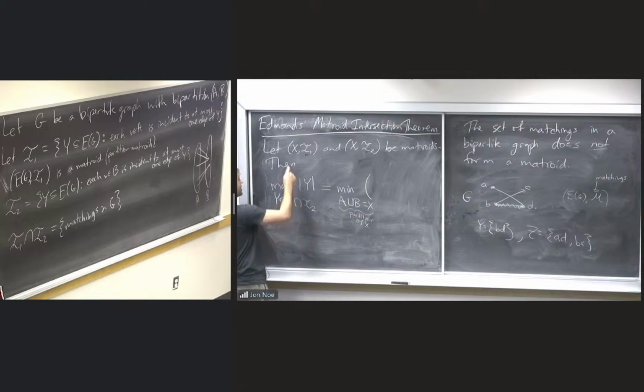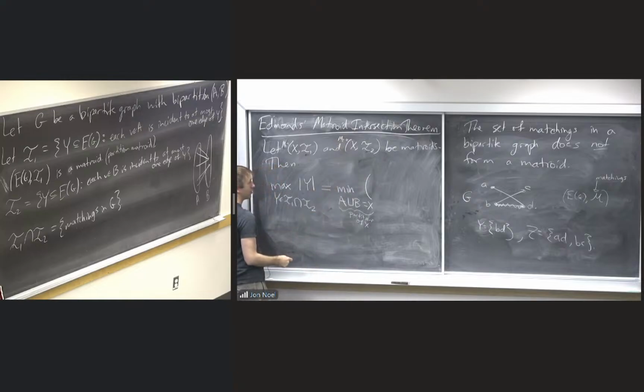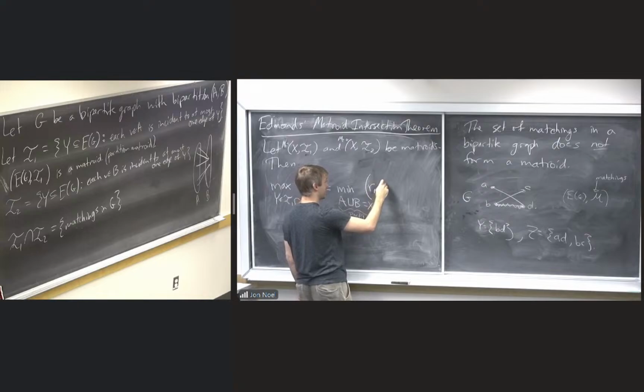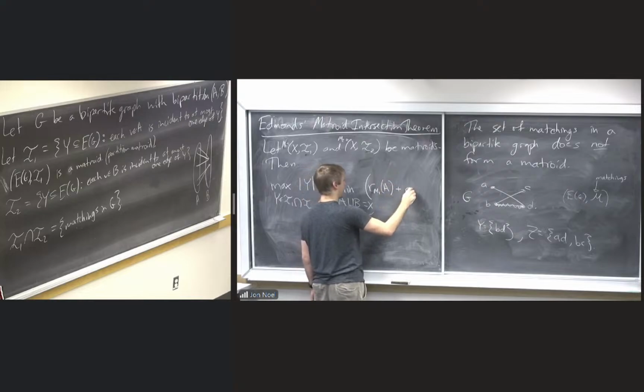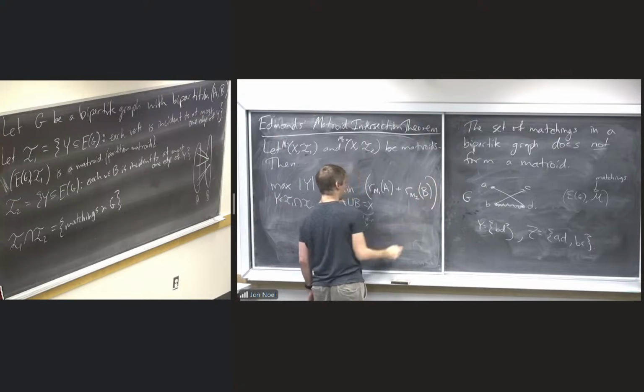I'm realizing now I should give these matroids names. I'll call the first one M1 and the second one M2. We haven't talked about rank very much, so I'll remind you what this was in a second. But this is the rank in M1 of the set A plus the rank in M2 of the set B.